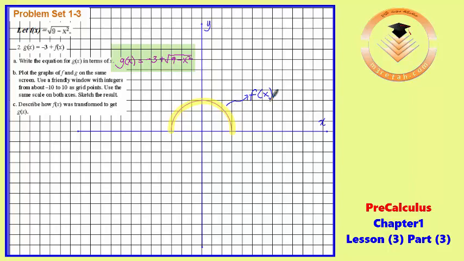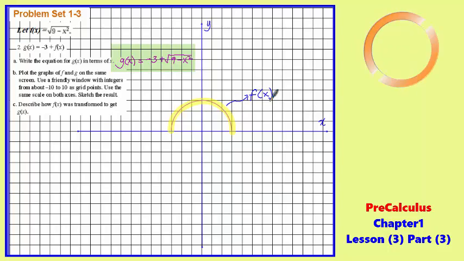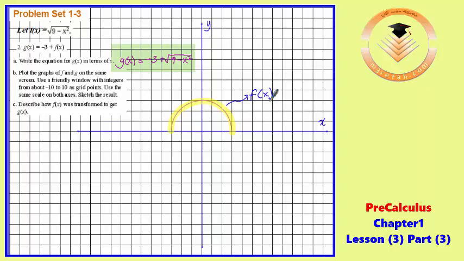How about our g of x? Now our g of x appears to be translated only vertically by an amount of 3 units. So 3 units down from the center.